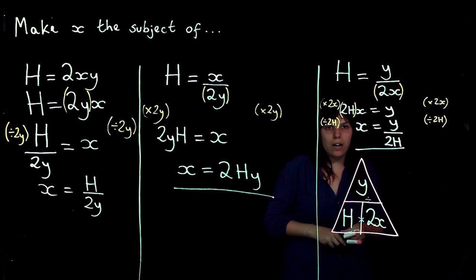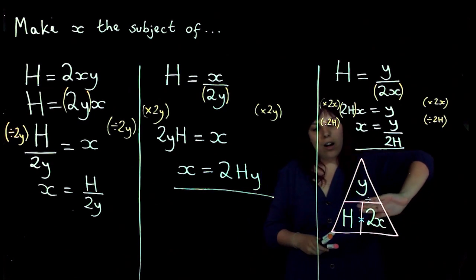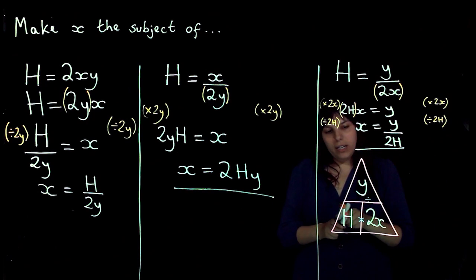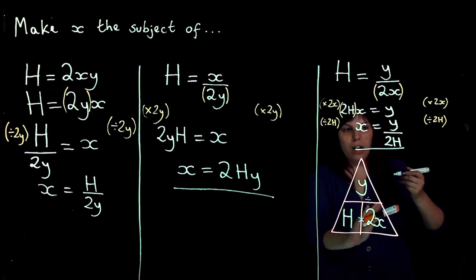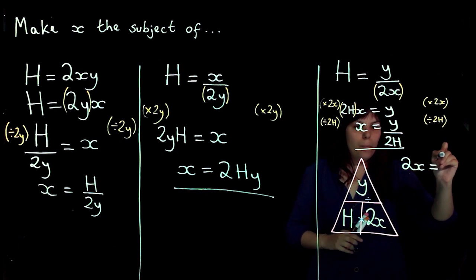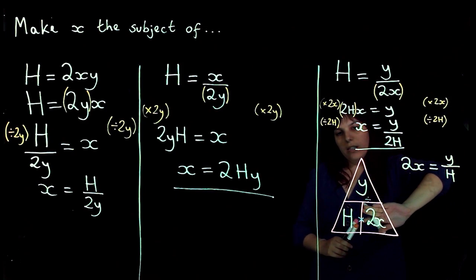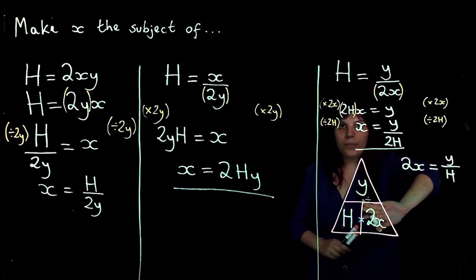And because I want to find out what x is going to be, I cover up that bit, so I can immediately see that 2x equals y divided by h.